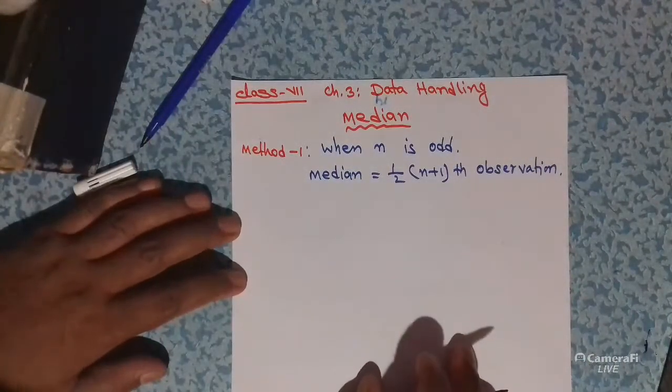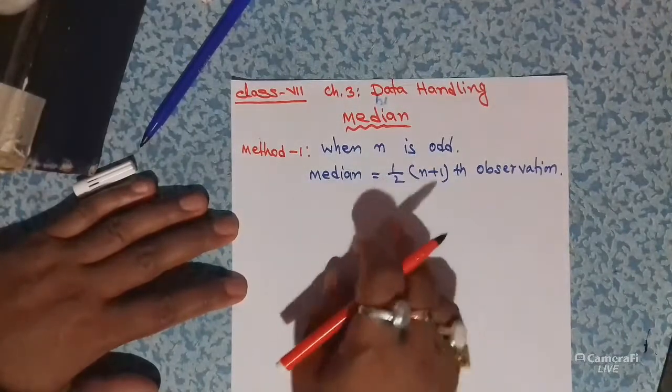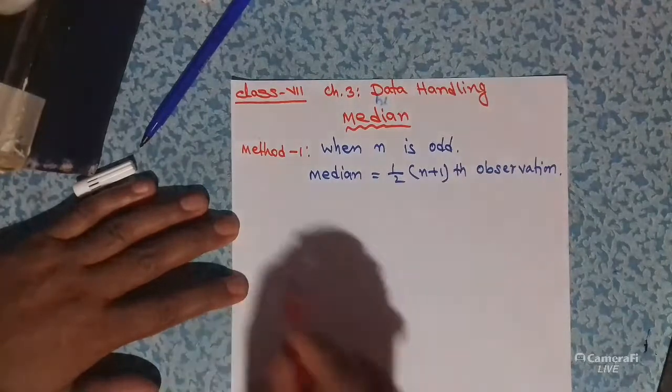This is one method: when n is odd, the median equals the (n plus 1) by 2 th observation.